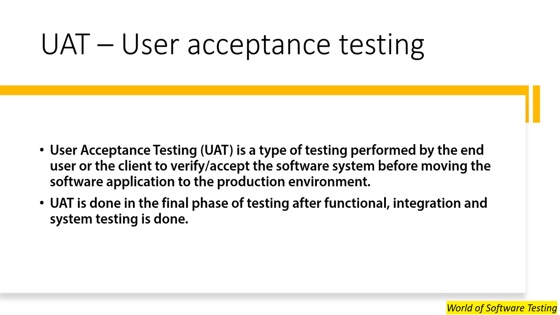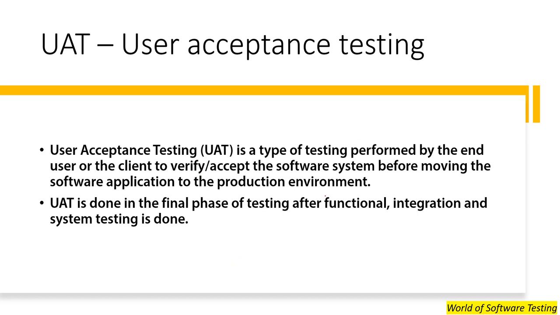UAT is done in the final phase of testing, just after functional, integration and system testing are done. In UAT, we mostly concentrate only on those features and scenarios which are regularly used by the customer, the user scenarios for the business, or those used daily by the end user or the customer.